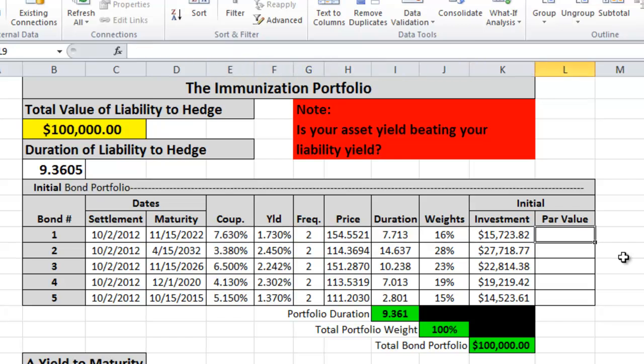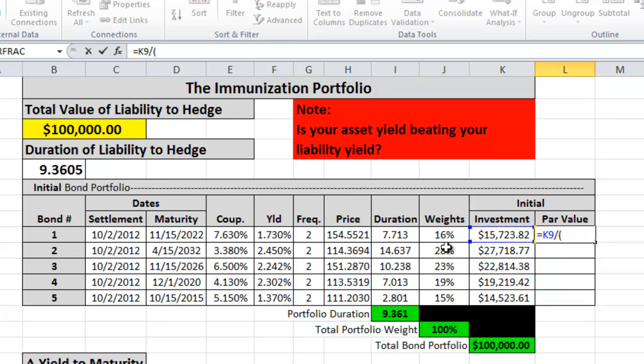To figure out the par value, it's actually a pretty easy calculation. All you have to do is first determine these prices in percentage terms. So instead of a price of 154, we want to think of that as a percentage of par value. So that's actually 154% of par value. And all you would do is divide your investment by the percentage, and that would tell you the par value.